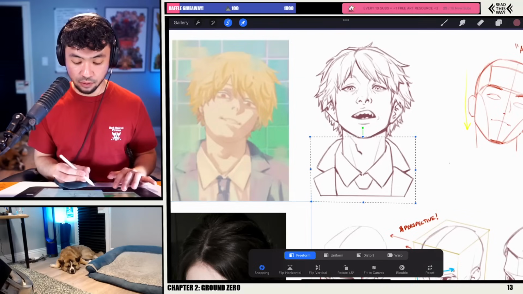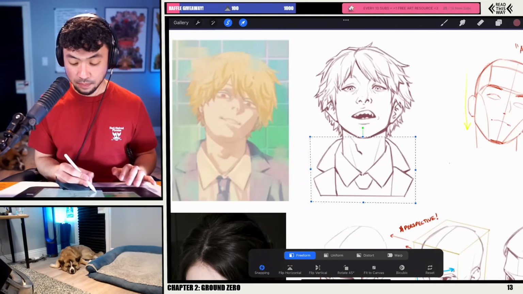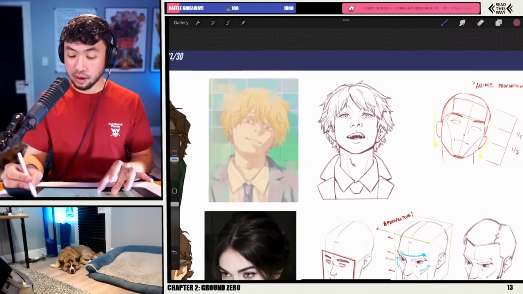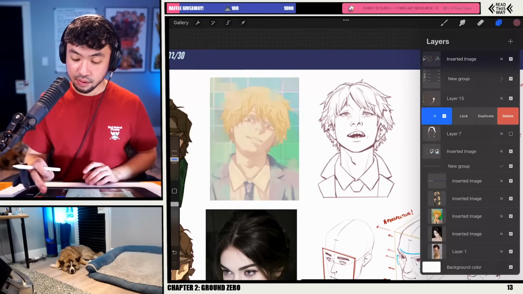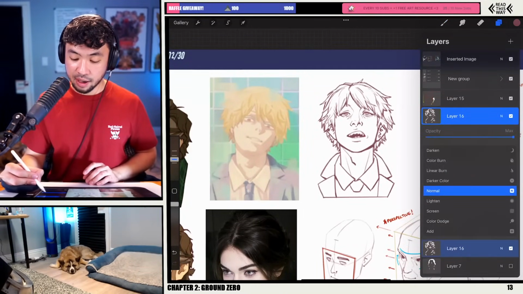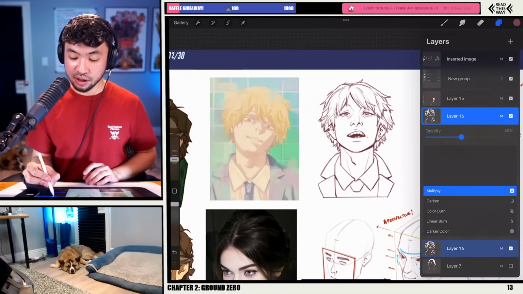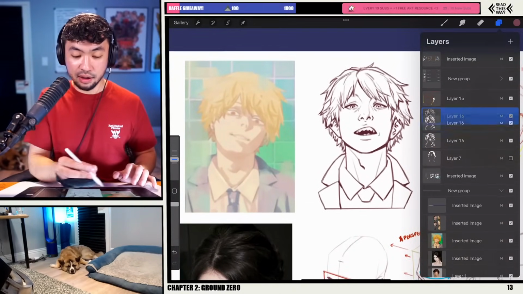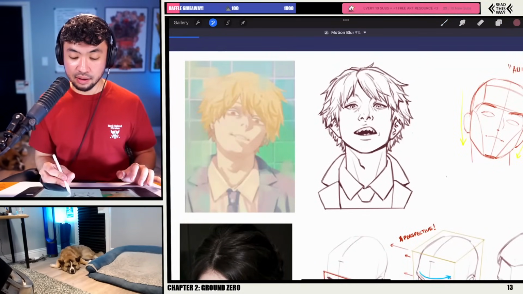Just trying to do a quick transform there. Cool. And then let me duplicate this. Multiply this, 40% opacity this. And then duplicate it again. Motion blur that. And we have here our Denji drawing.